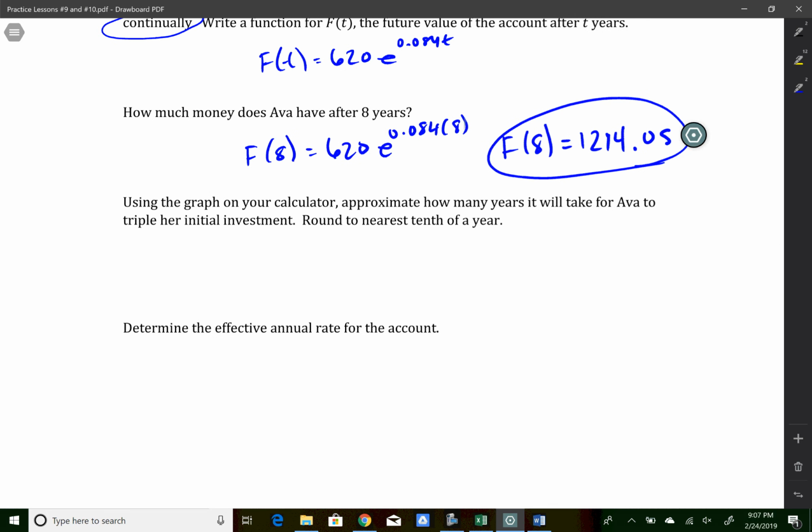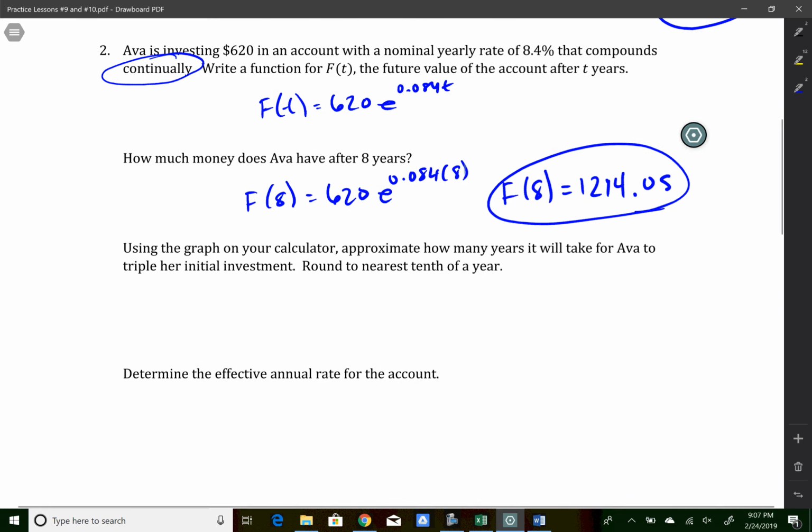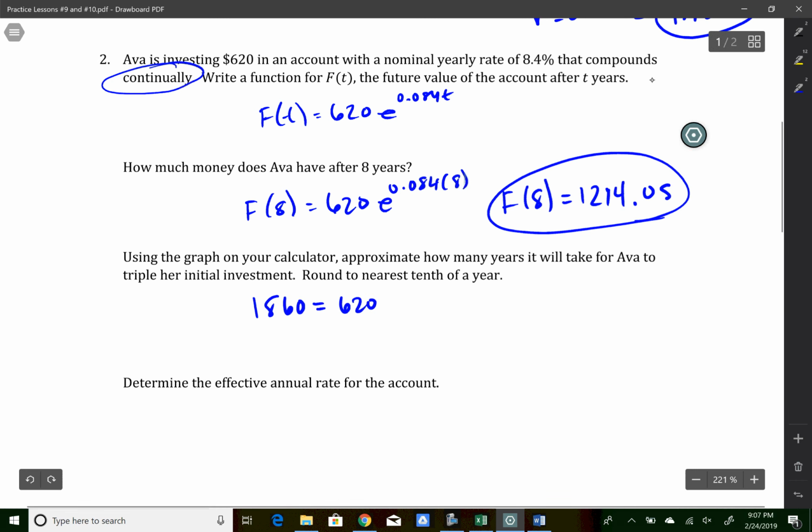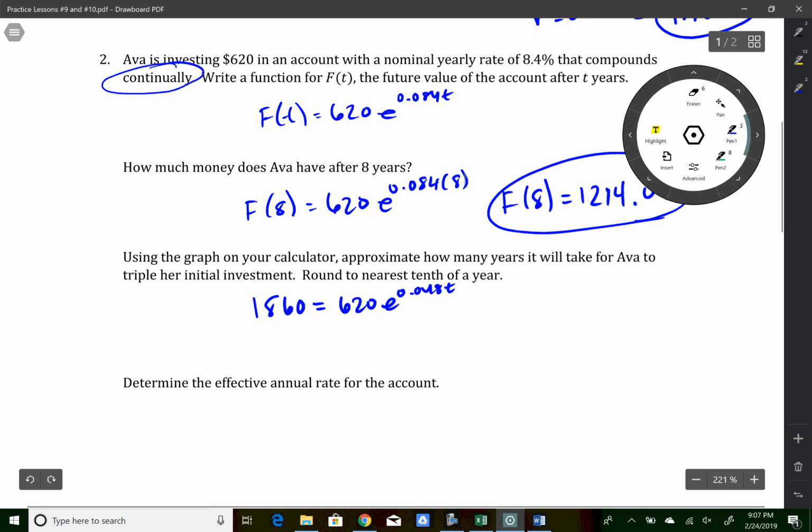Third part here says use the graph on your calculator to approximate how many years it would take for her to triple her investment. If I take 620 and times by 3, that's 1860. So I want to know when is 1860 equal to 620 e to the 0.084t. This is something we've been doing since like the 5th lesson of the chapter.